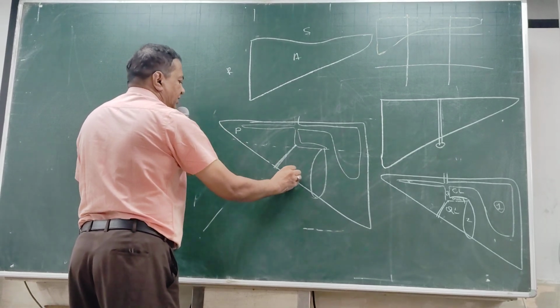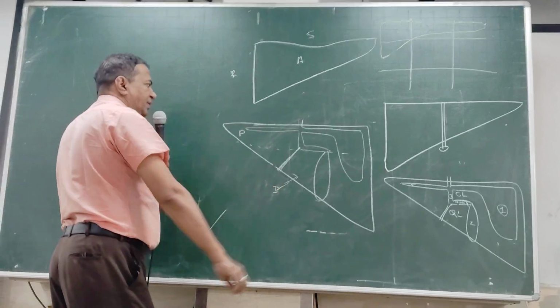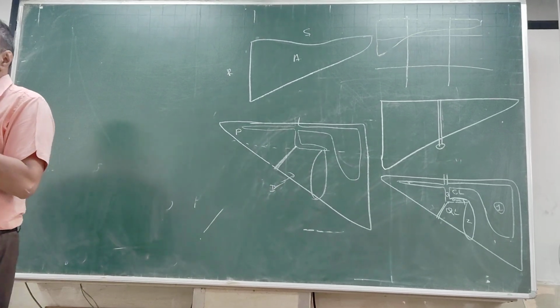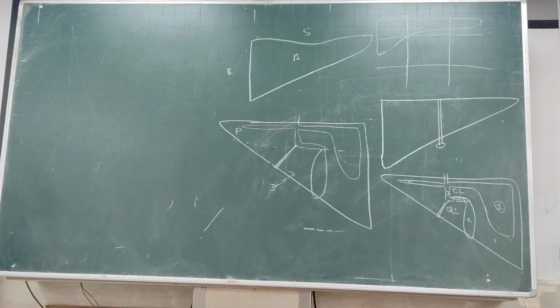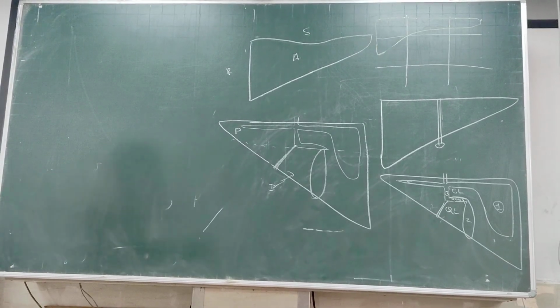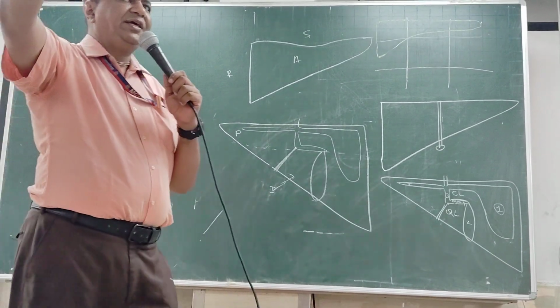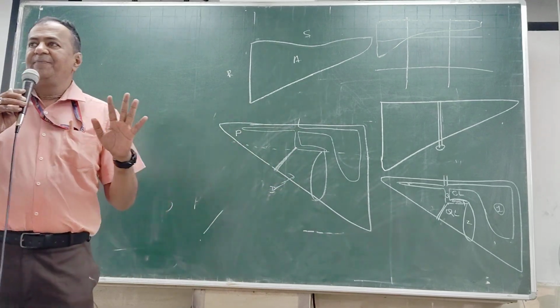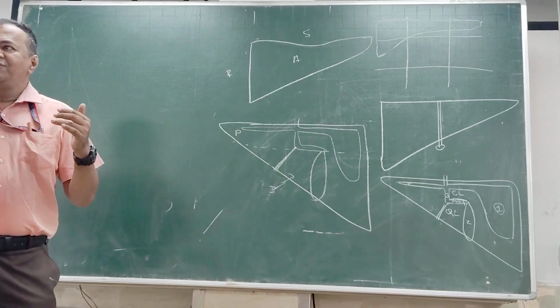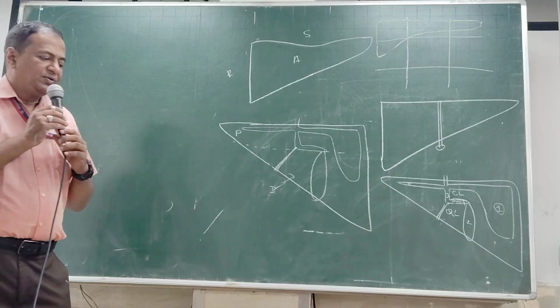Lower down here is inferior surface. Okay? Is it clear? So now let us discuss the relations, and I am going to talk about maximum 3 to 5 relations on each area. Let us start with the easiest ones.